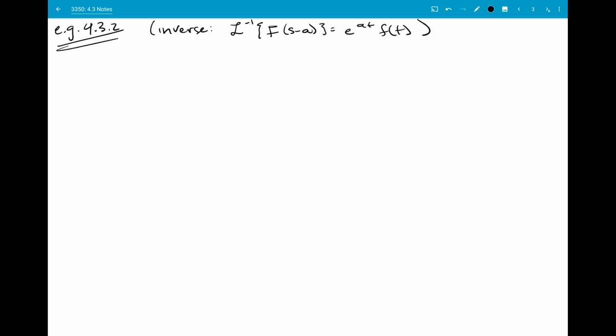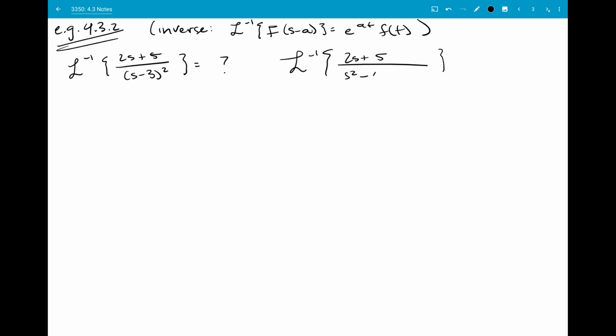And the specific problem for this is that we're trying to compute L inverse of 2s plus 5 over s minus 3 squared. And so thinking about that warning I just gave you, think about how hard it would be to puzzle this out if it was L inverse of 2s plus 5 over s squared minus 6s plus 9.